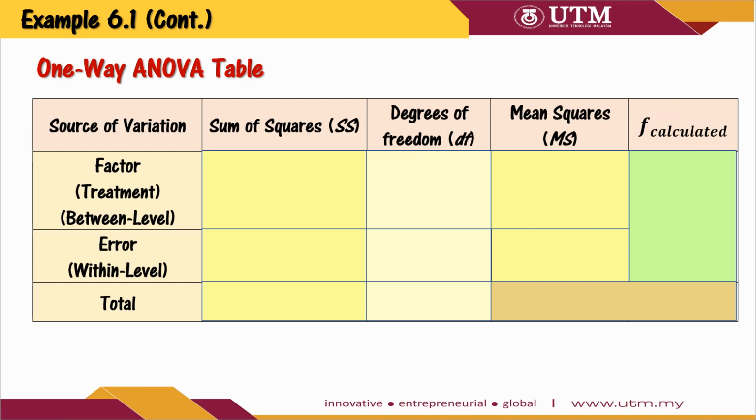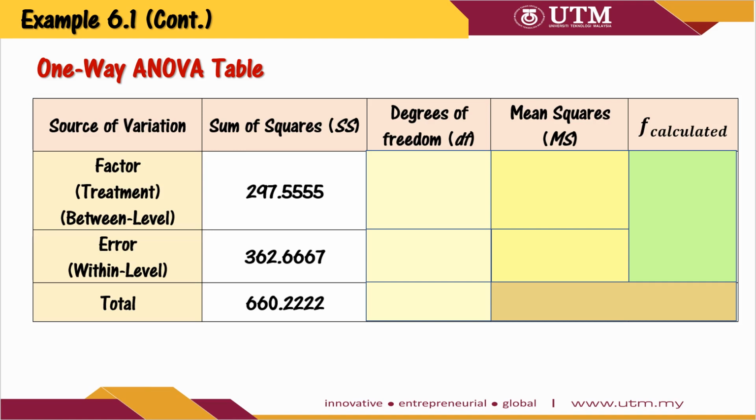To place the values of sum of squares in the second column, you can start with the total sum of squares SST, followed by the factor or treatment sum of squares SSTRT. The balance must be the error sum of squares SSE. Please make sure when you add up the SSTRT and SSE, you will get back the total sum of squares SST.